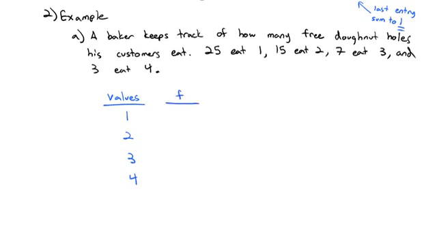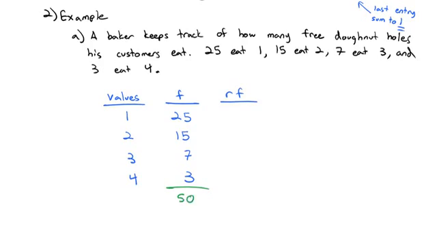For the frequencies, we know 25 eat 1 donut hole, so that's our frequency. 15's the frequency for 2 donut holes, 7 for 3, and 3 eat 4. Now, if we want the relative frequency, what we have to do is divide the frequency by the total. So we need to know what the total is. And so if we add these up, we get a total of 50 customers.